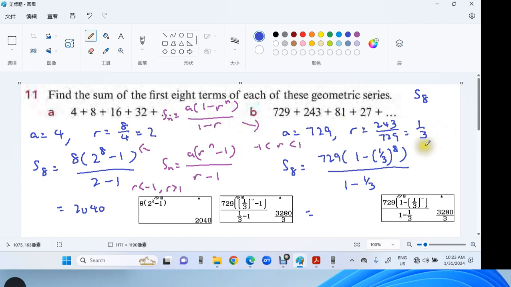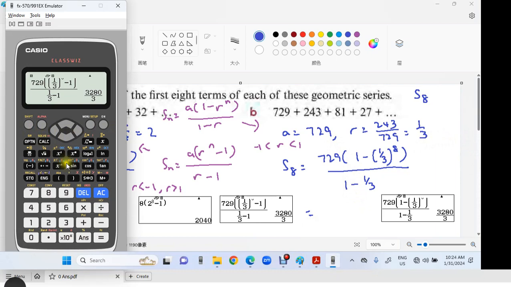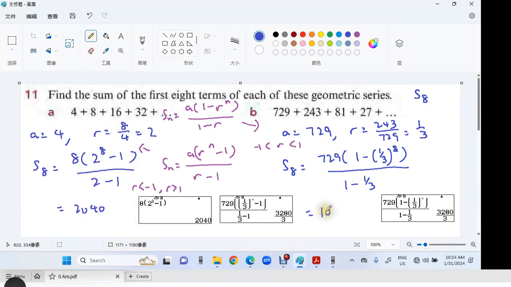So no problem, you use either one also will give you the same answer for Sn. So for this one is 1093 and 1 over 3.